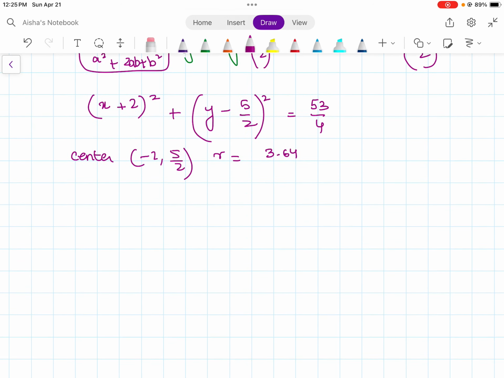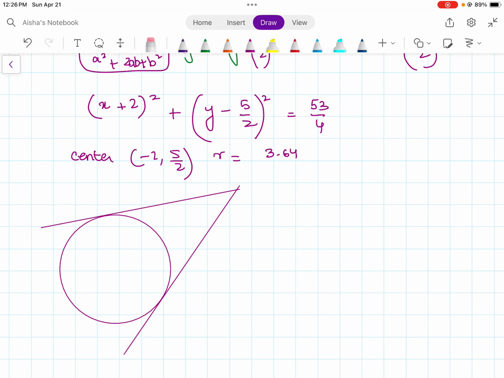Alright. Now another thing to note is this is the center of the circle.